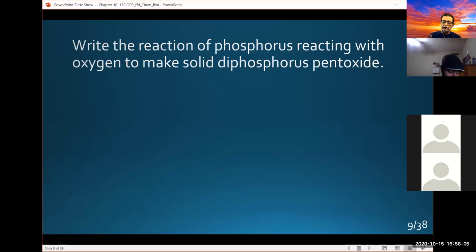So that's elemental phosphorus, so that would be P. Reacting with oxygen, so the term reacting means plus oxygen. And what do we know about oxygen? It's diatomic. And then to make means, that's the code word for the arrow. And then they're telling you solid diphosphorus pentoxide.